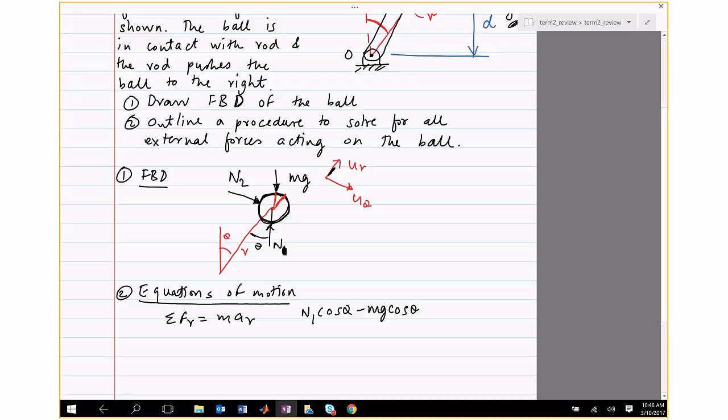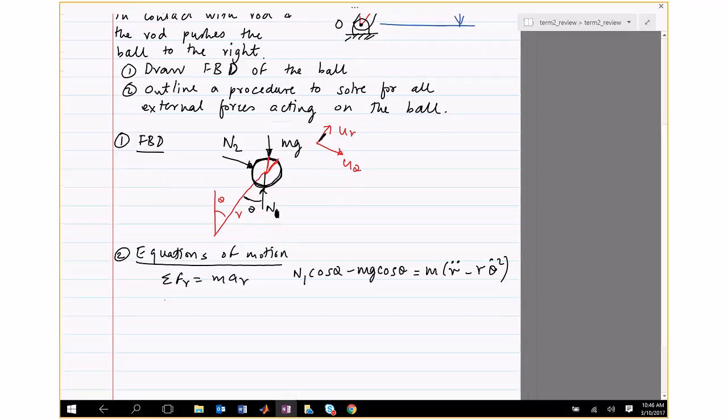Those are the external forces in the r direction. So this is equal to mass times acceleration in the r direction, which is r double dot minus r theta dot square. Okay, and then the next equation is F theta is mass times acceleration in theta direction.